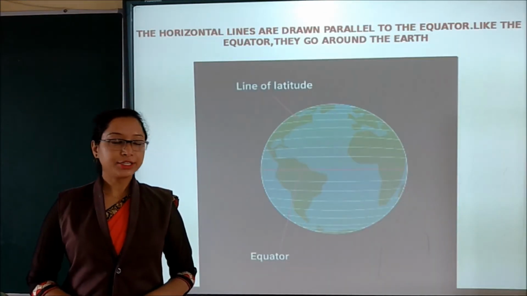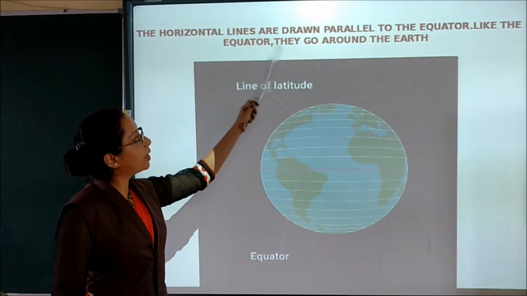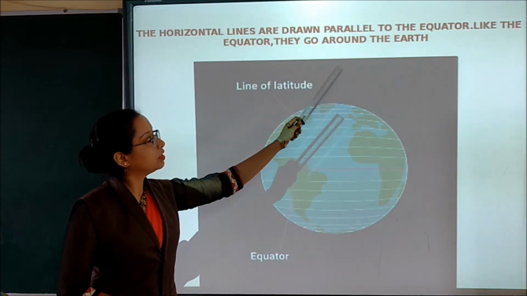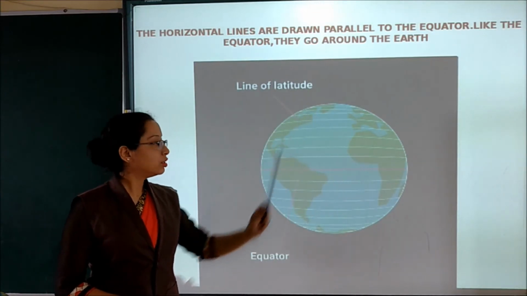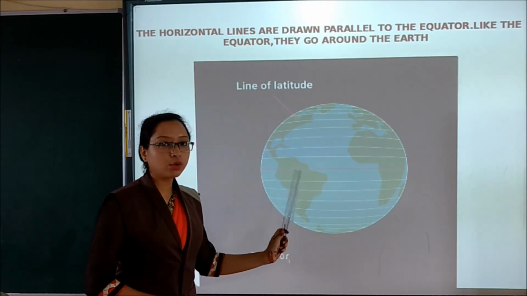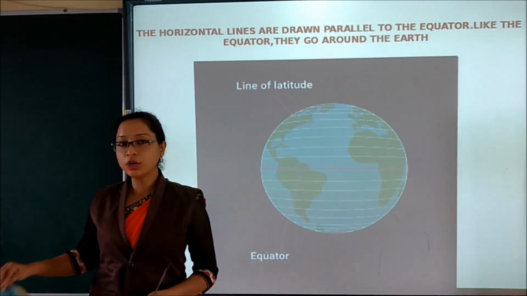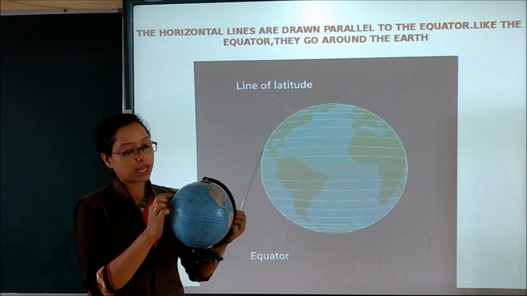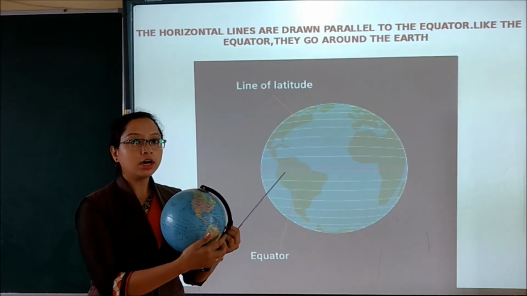What are latitudes? The horizontal lines are drawn parallel to the equator. Like the equator, they go around the earth. So here you can see these are parallel lines which are going parallel to the equator. On the globe also, these are horizontal lines or parallel lines which are circling the earth.